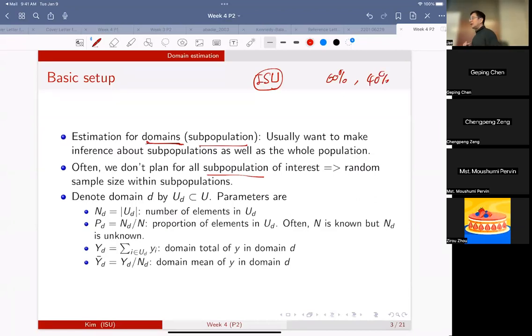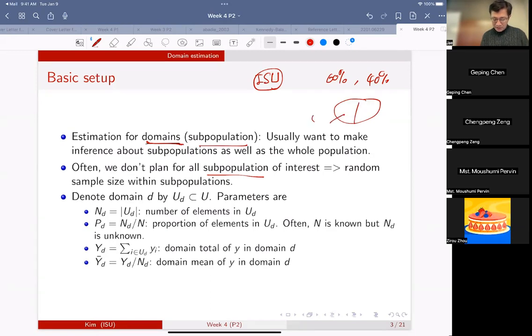And I want to do some survey, but I don't have that information in the list, who is male or female. So suppose my list does not show the information, then I can just do some random selection and then check.